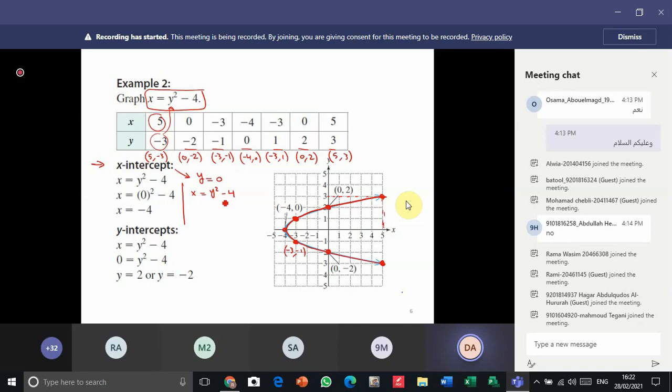Substitute y equals 0, so we have x equals 0 minus 4, so x equals negative 4. So the point is x negative 4 and y 0. This is the x-intercept, the intersection point between the curve and the x-axis.